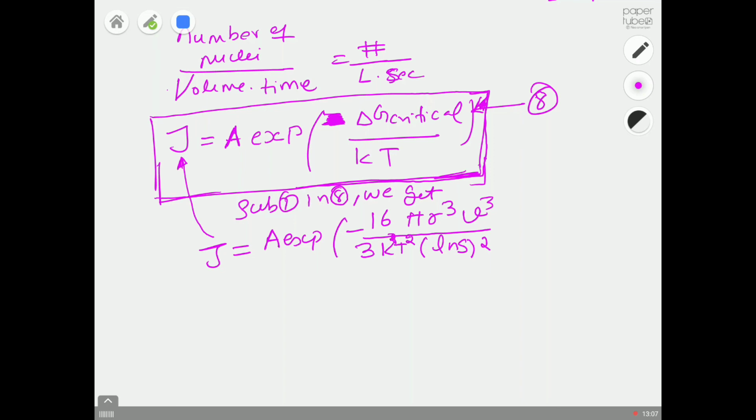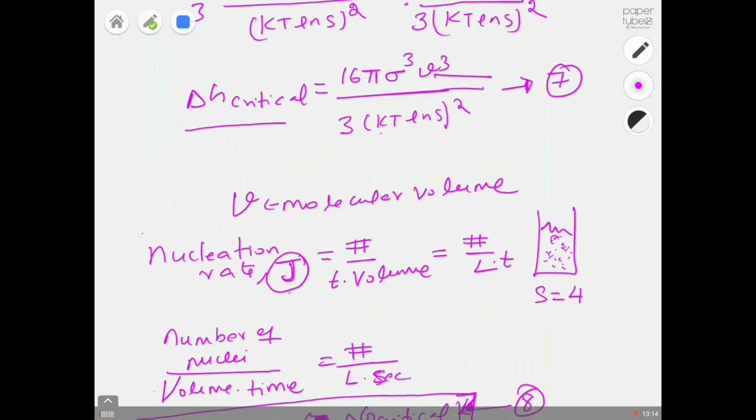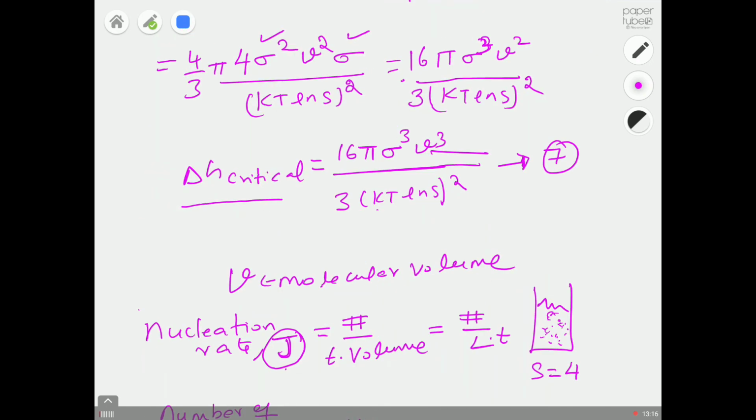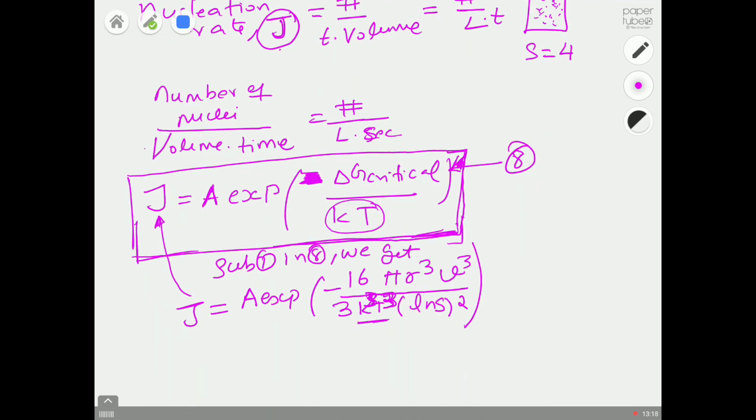Sorry, k cube T cube. Yeah, because you have k square T square multiplied by this kT, that will give you k cube multiplied by T cube. So this is the classical nucleation theory. Extremely important theory we use in the lab every day. The industry people use it almost every time when they are trying to purify some compound using nucleation.